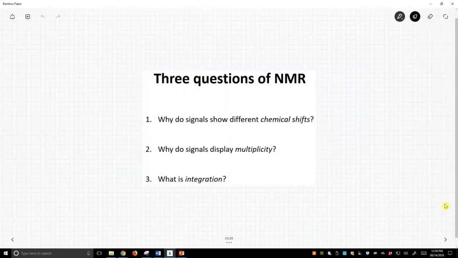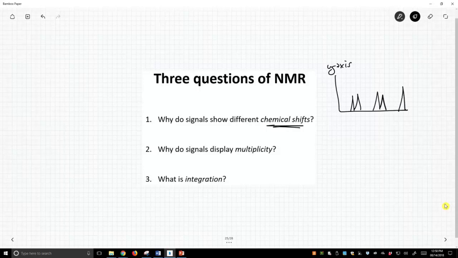Now, before we see examples of NMR spectrum, we'll see several of them. There are really three things that I want to talk about. One is this idea of chemical shift. This is a spectrum where you oftentimes won't even see the y-axis explicitly drawn. But we're going to see peaks in our spectrum.